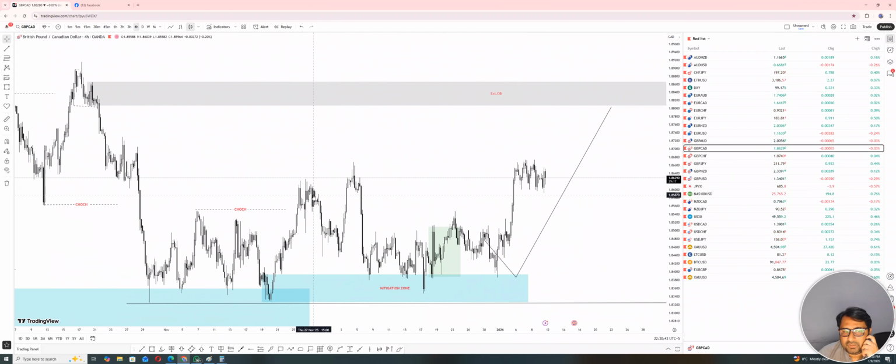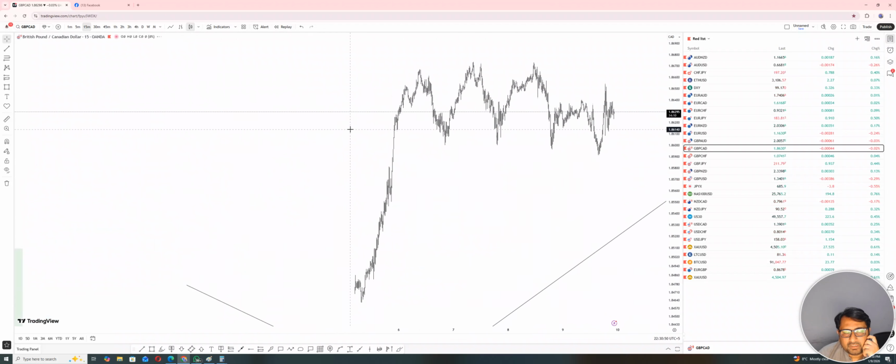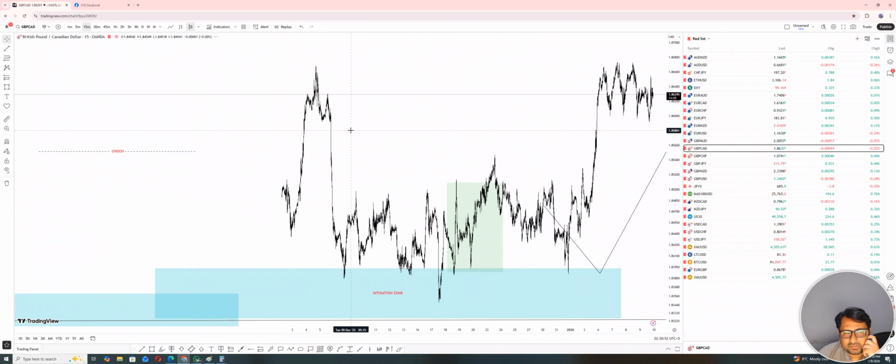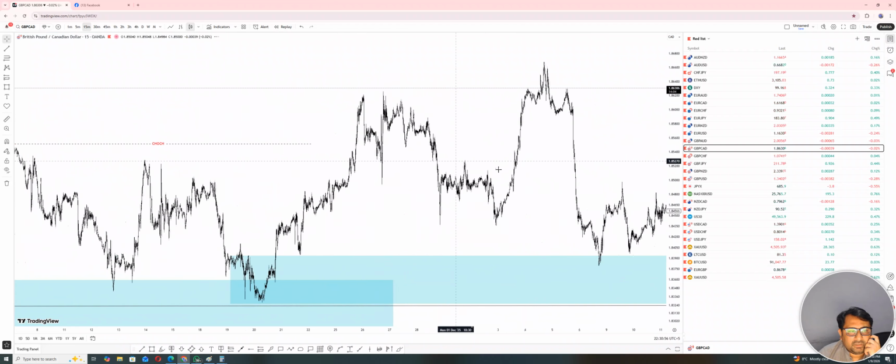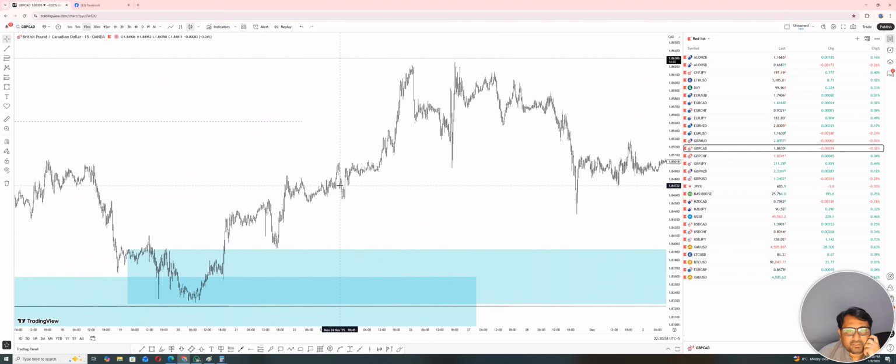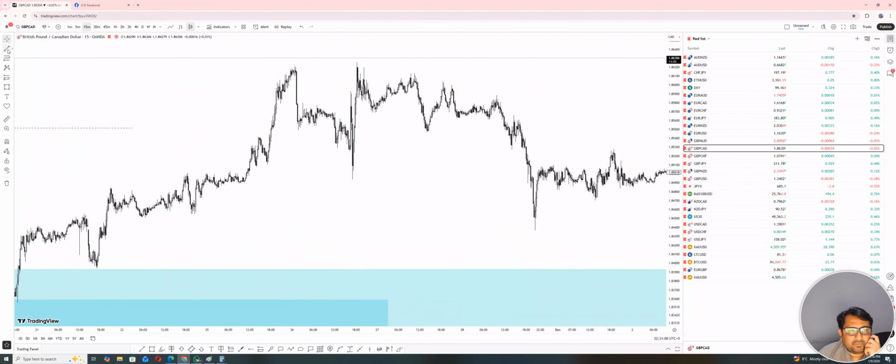First of all, we need to see how the market reacts on this area. We go to the M15 time frame because we have an H4 break of structure shift, because we have a swing high break. Now you can see that we have a break of structure and a change of character shift, and the market has an order block shift and is going down.